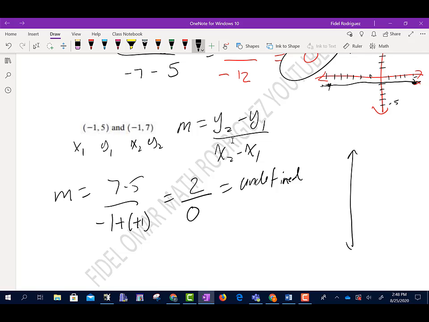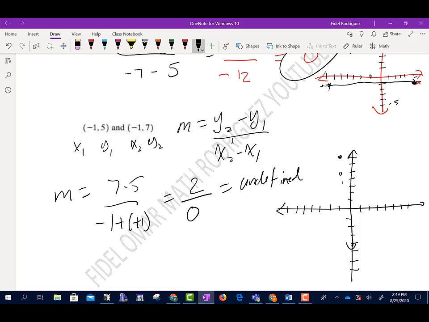Let's just get a visual on that, okay? So I'm going to go 1, 2, 3, 4, 5, 6, 7 in both directions. Negative 1 and 5 means negative 1 and up 5 right here.